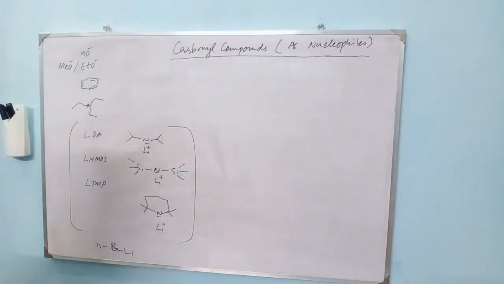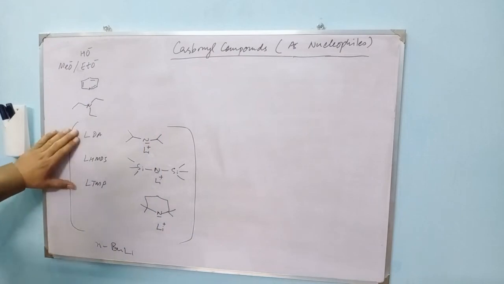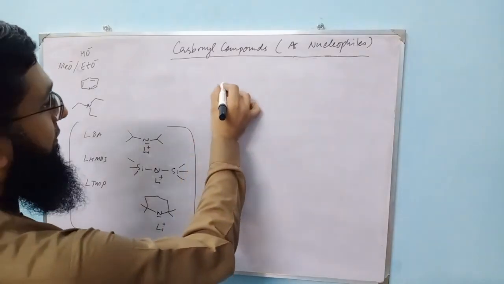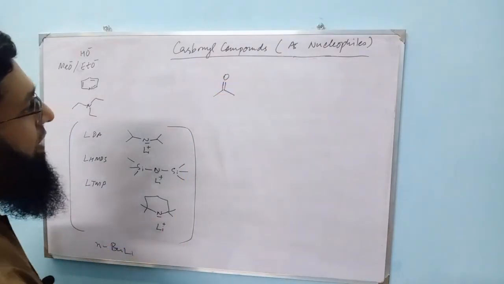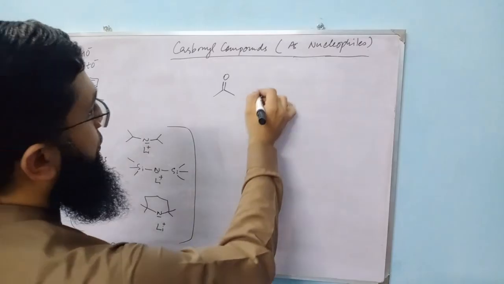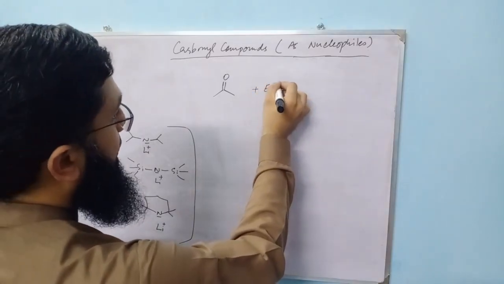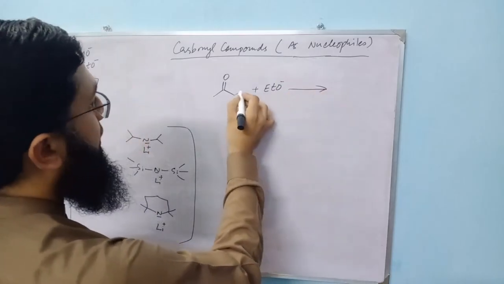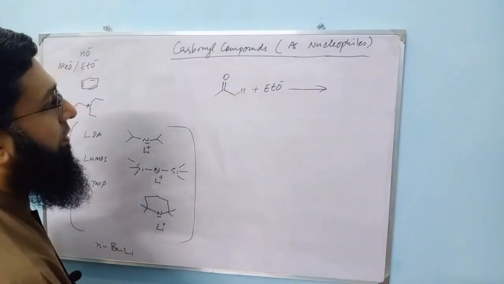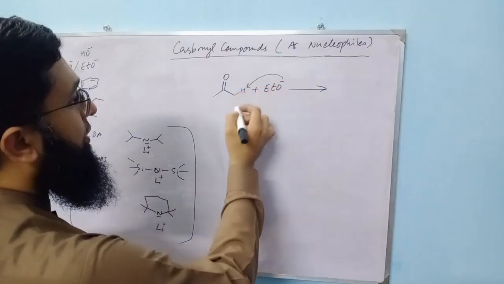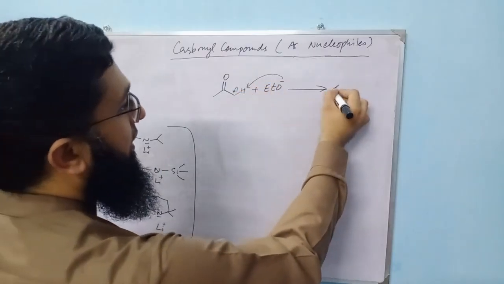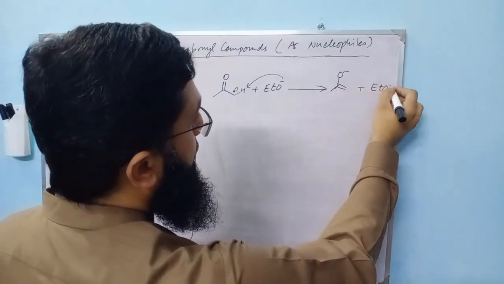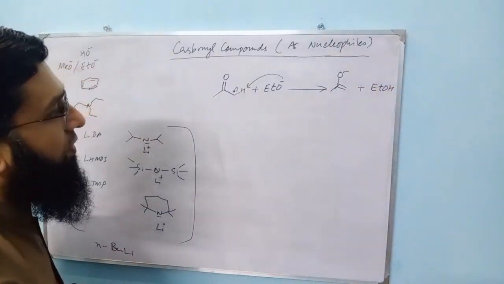Next we want to see the comparison of these bases with, for example, these bases. For example, we have this carbonyl compound acetone, we add ethoxide and we treat it with this carbonyl compound, so it would take the proton and we will get the enolate as well as conjugate acid of this base, which is ethanol.